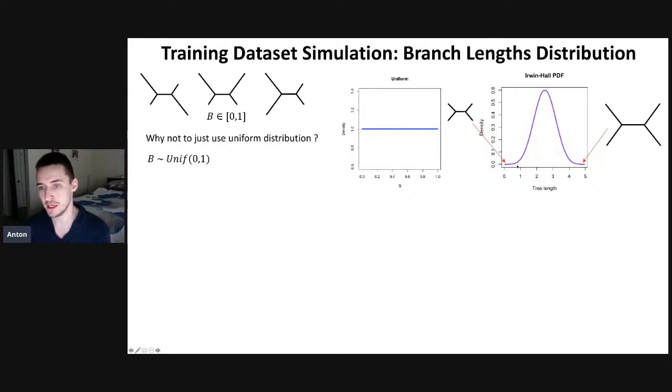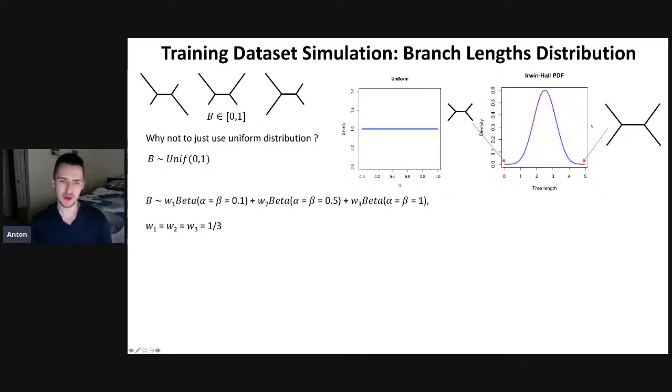As you can see here, the probability of drawing very short or very long total branch lengths is essentially 0. So we need some other distribution that will generate those trees with very small or very large branch lengths. We came up with a very simple beta mixture distribution with equally weighted components.